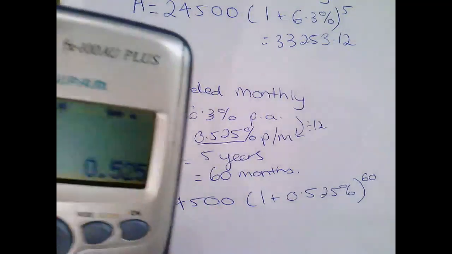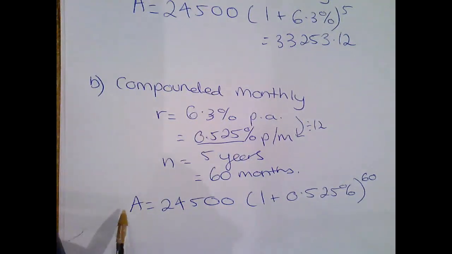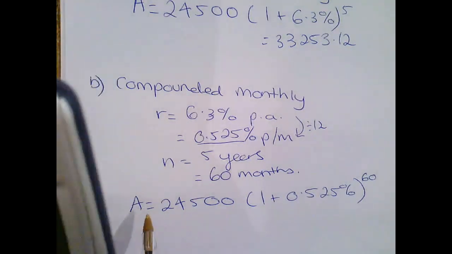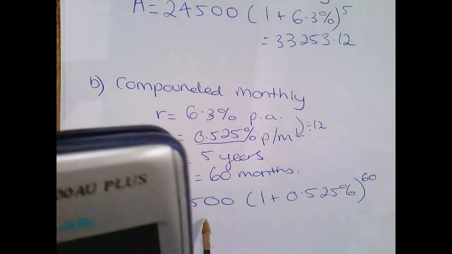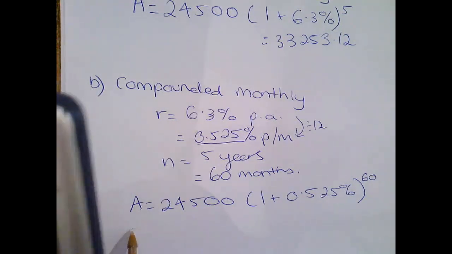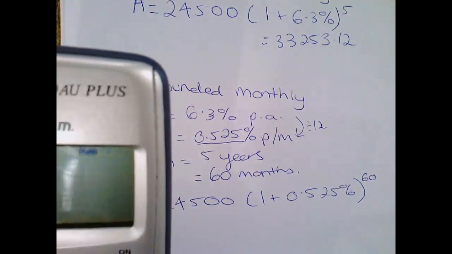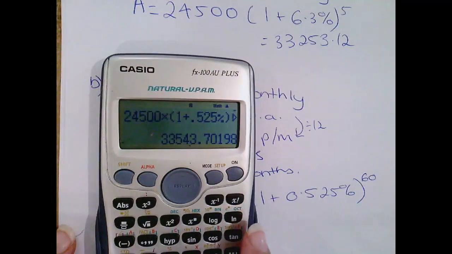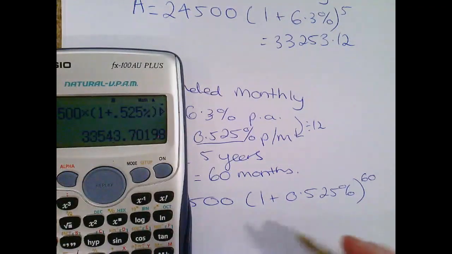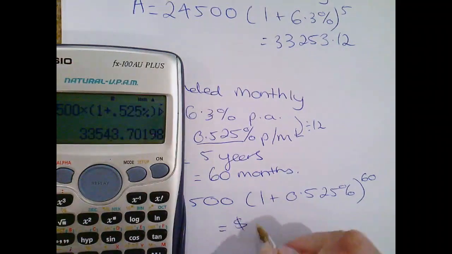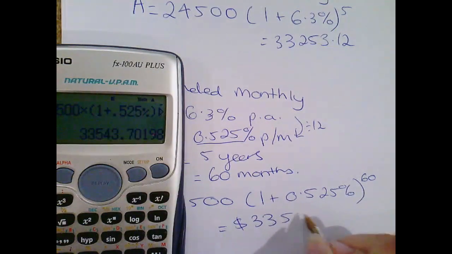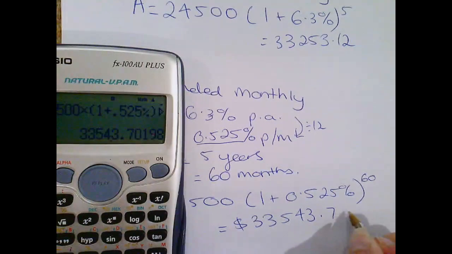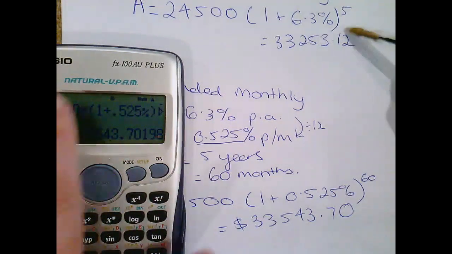Okay, so using the calculator. Okay, and we get a number that's slightly bigger than the one we had before. So 33,543.70. So you can see the differences in numbers.